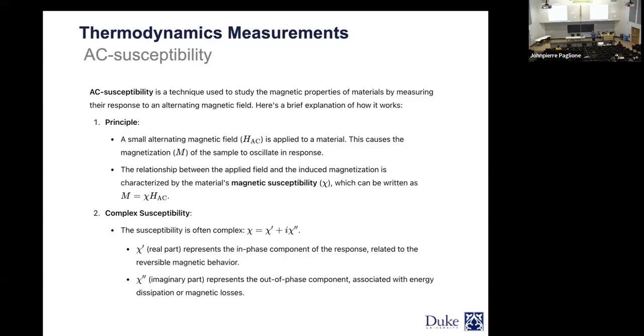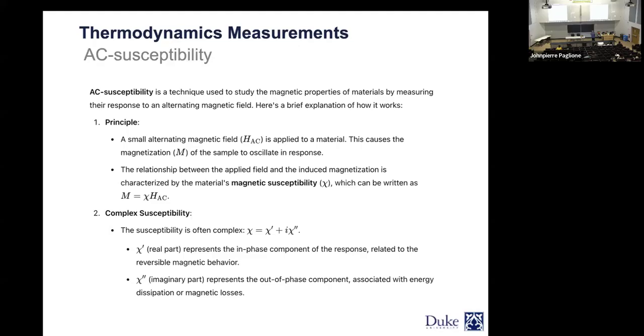So AC susceptibility is when you study the properties of the system when you apply an AC magnetic field. For the DC susceptibility, you apply a DC field. For AC susceptibility, you apply an AC field. So you're going to deal with what is called a frequency, okay, because it's AC.